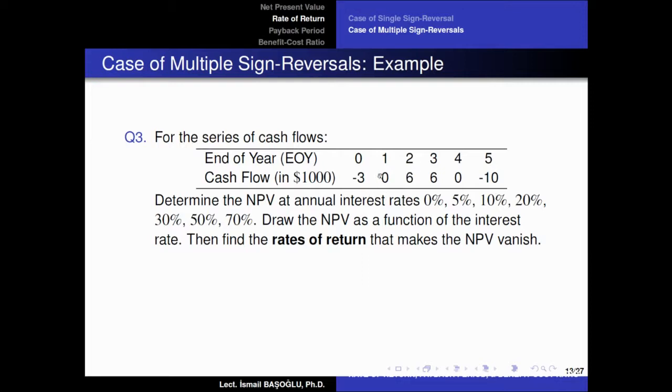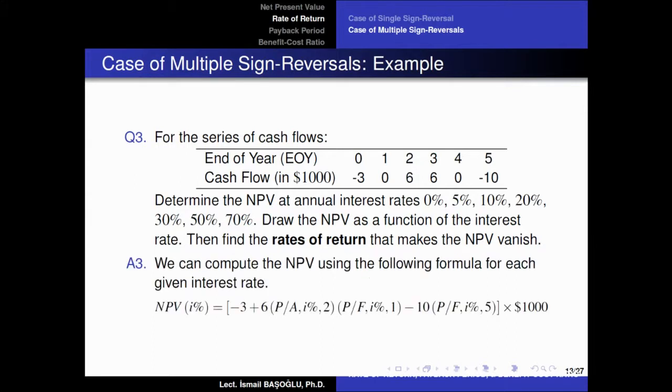So we have 2 different sign reversals, one from negative to positive and one from positive to negative. We have two sign reversals in this example, which means there may be two different rates of return for this cash flow structure.